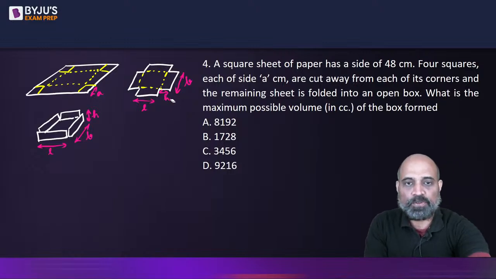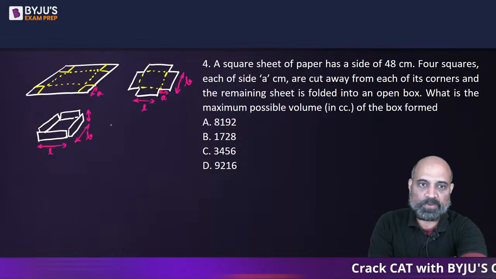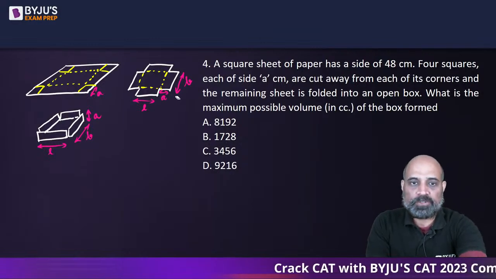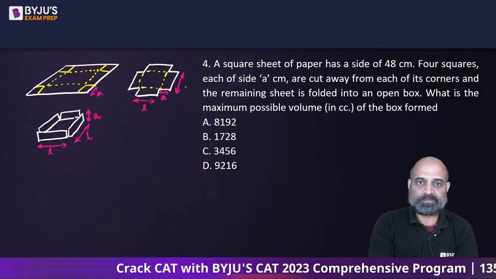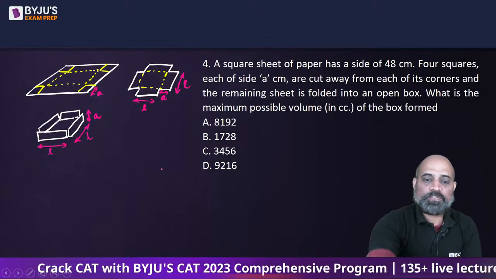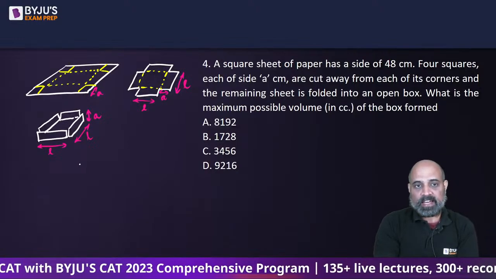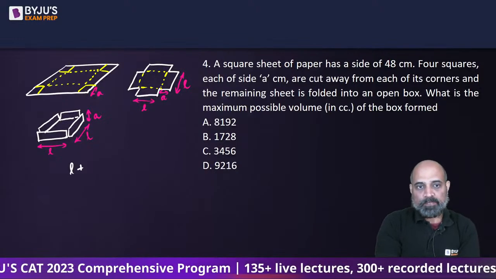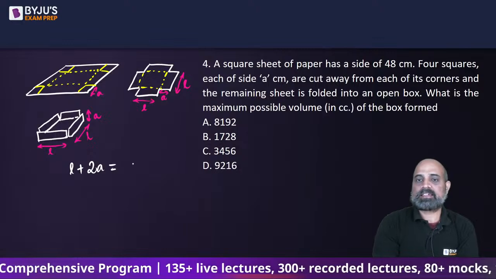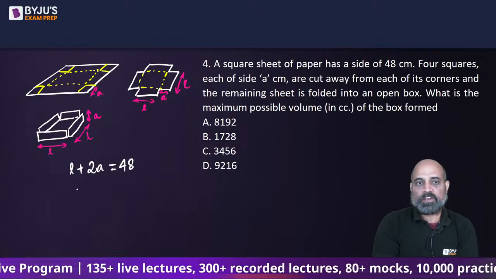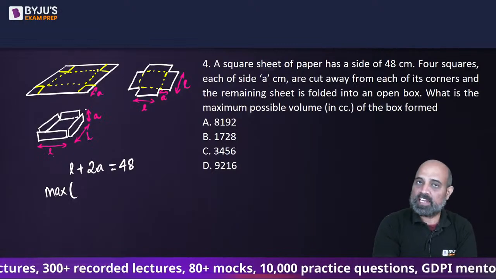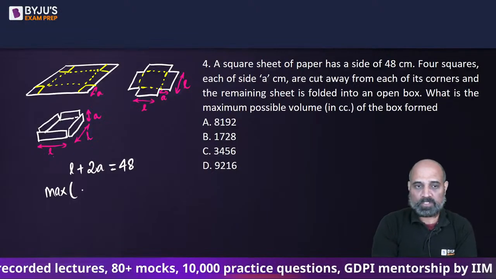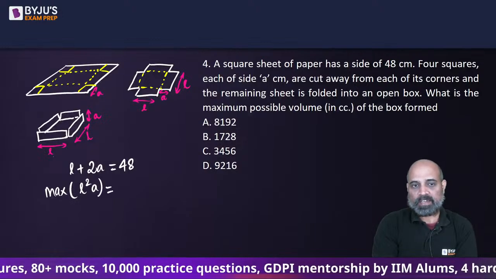And H, if you look at it, is nothing but A. So instead of H, I will be writing down A. And L and B are not different, they are the same. So what we get initially is that L plus 2A is 48. We are asked to find out the maximum possible value of L into L into A. That's the volume of the open box. So it's going to be L square A.